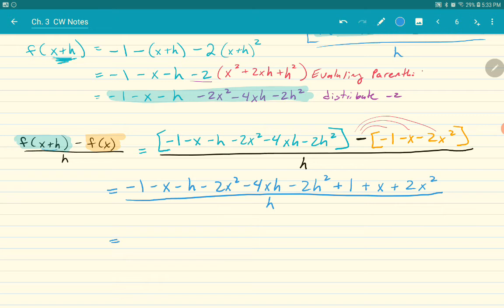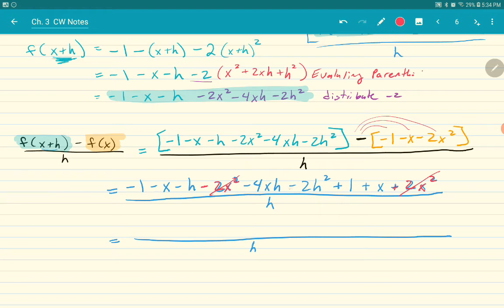I'm trying to simplify that numerator. I have a minus 2x squared and a plus 2x squared, so my x squared terms will actually cancel. And going to my h squared terms, I only have one of those.